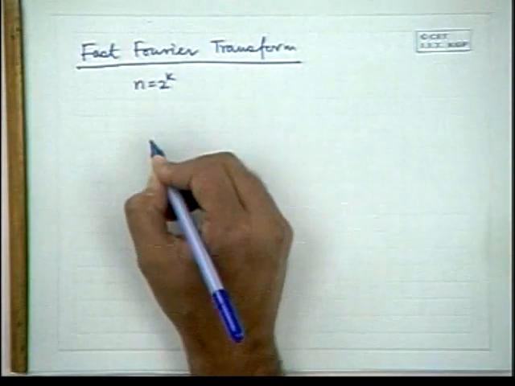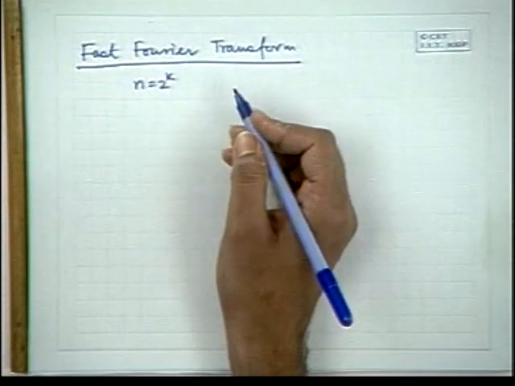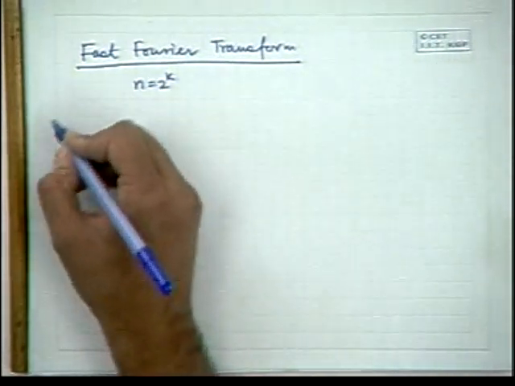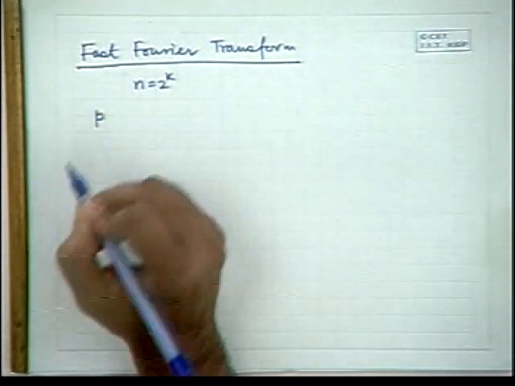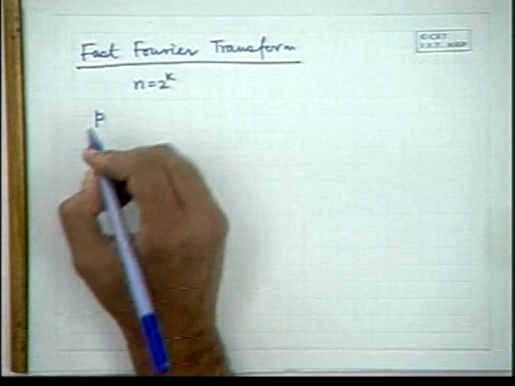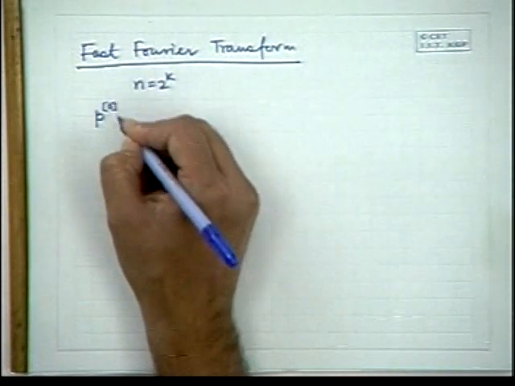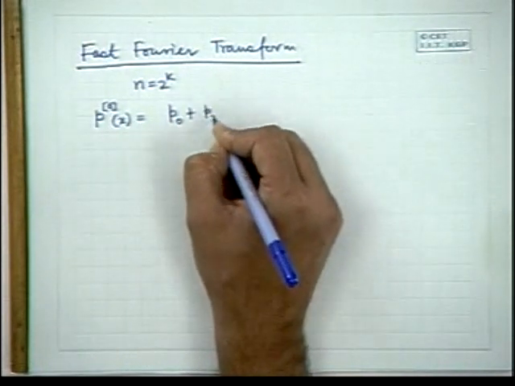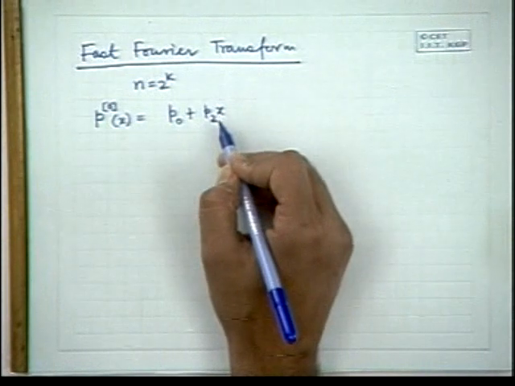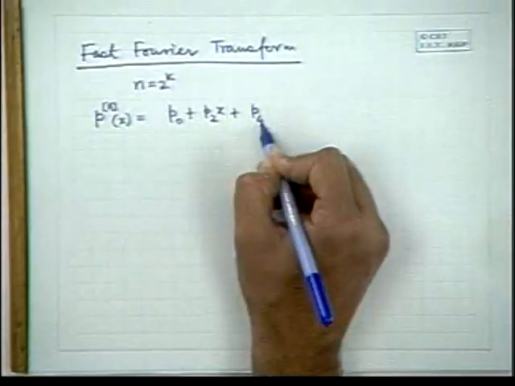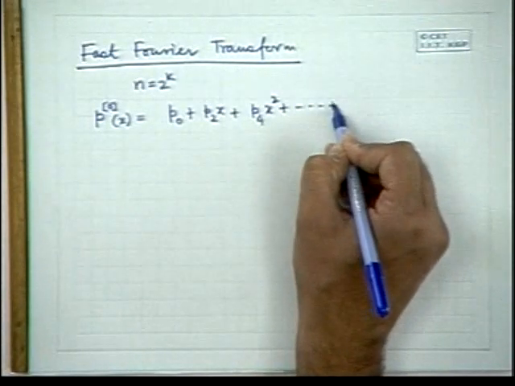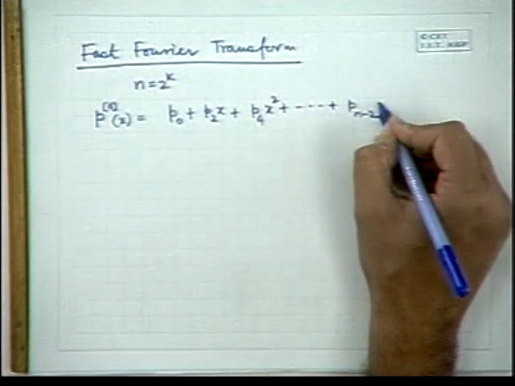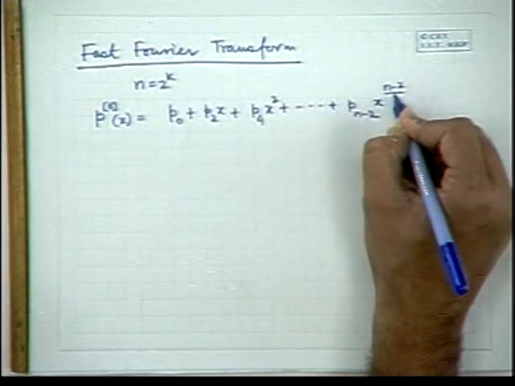I am assuming for the time being that n is equal to 2 to the power k. If it is not, you can pad enough zeros. Then I am splitting the polynomial p into two halves. One is p0 of x, which I am writing as p0 plus p2 x, these are all the even coefficients, even in the sense of position, p0, p2, then p4 x square, going up to pn minus 2 x to the power (n minus 2) by 2.